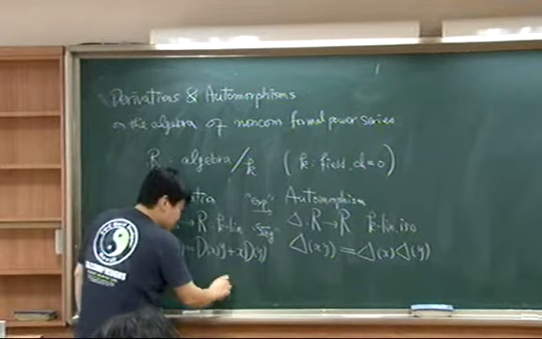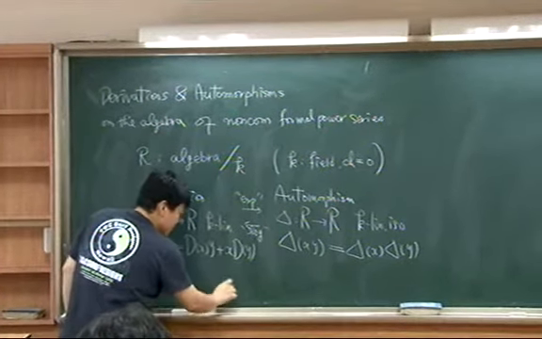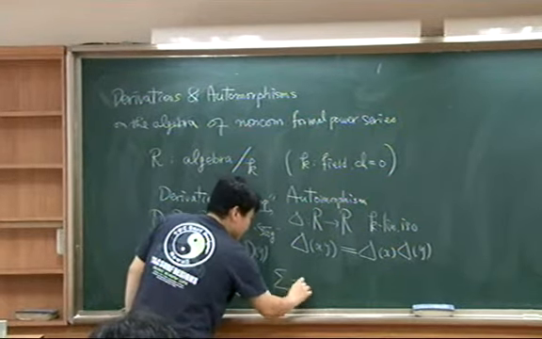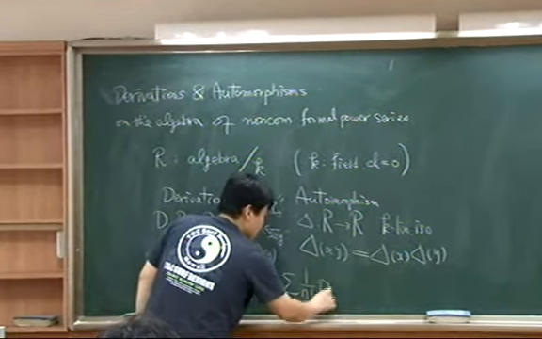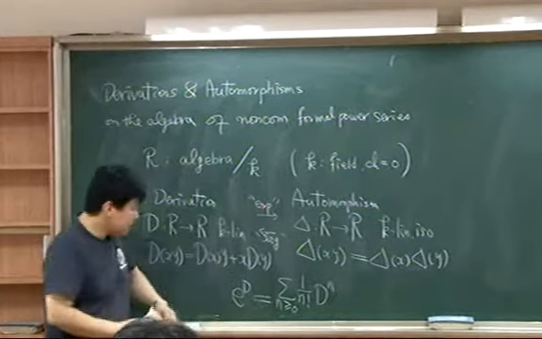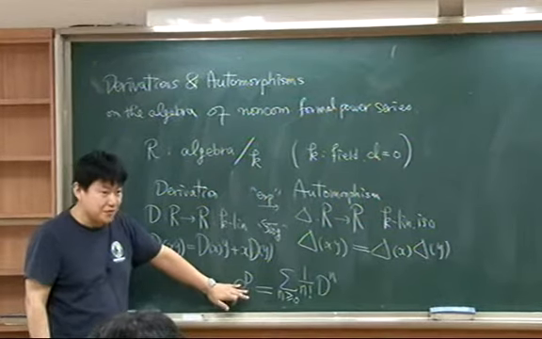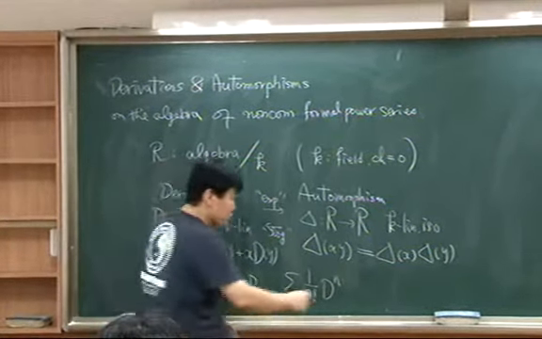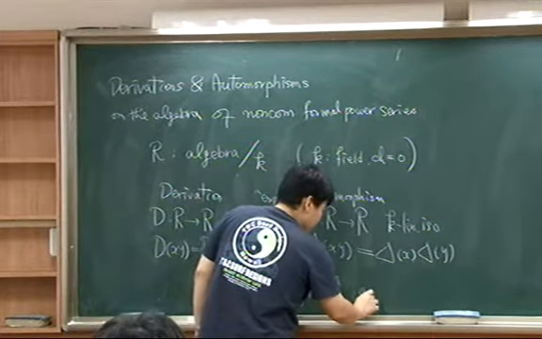The definition of exponential is the usual one. So exp(d) is the infinite sum. If d is a derivation, this map satisfies this property. This element automatically defines an automorphism.